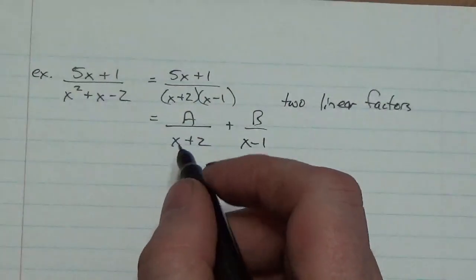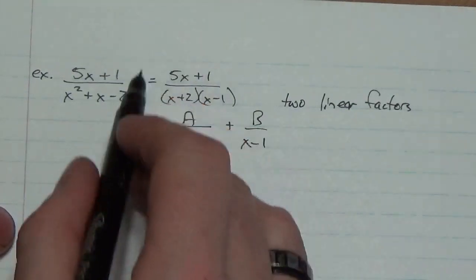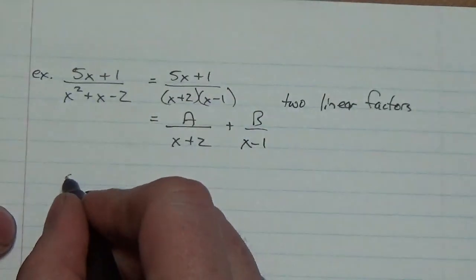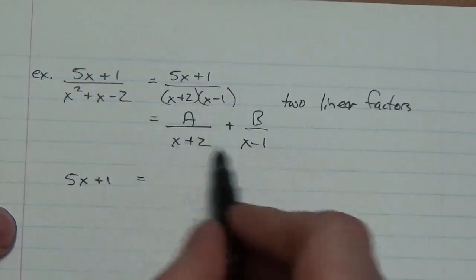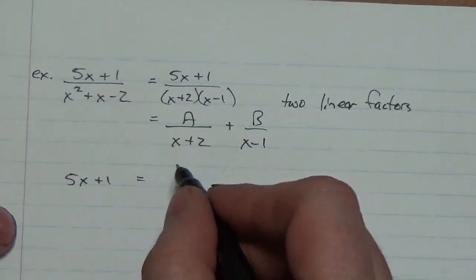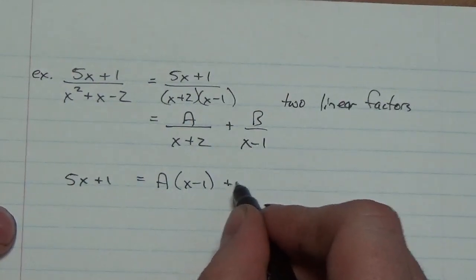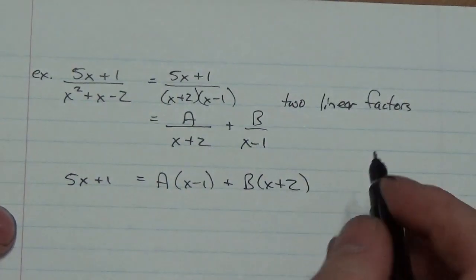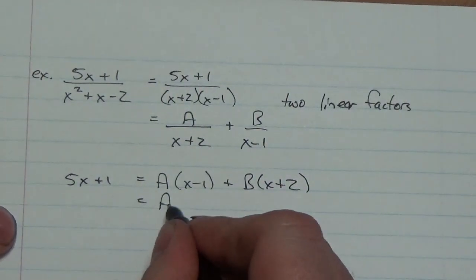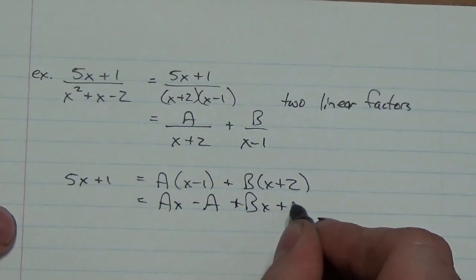Now, when that happens, the numerator, 5x plus 1, if I try to add these two fractions together, I'm going to end up with A times x minus 1 plus B times x plus 2. And so we're going to get Ax minus A plus Bx plus 2B.